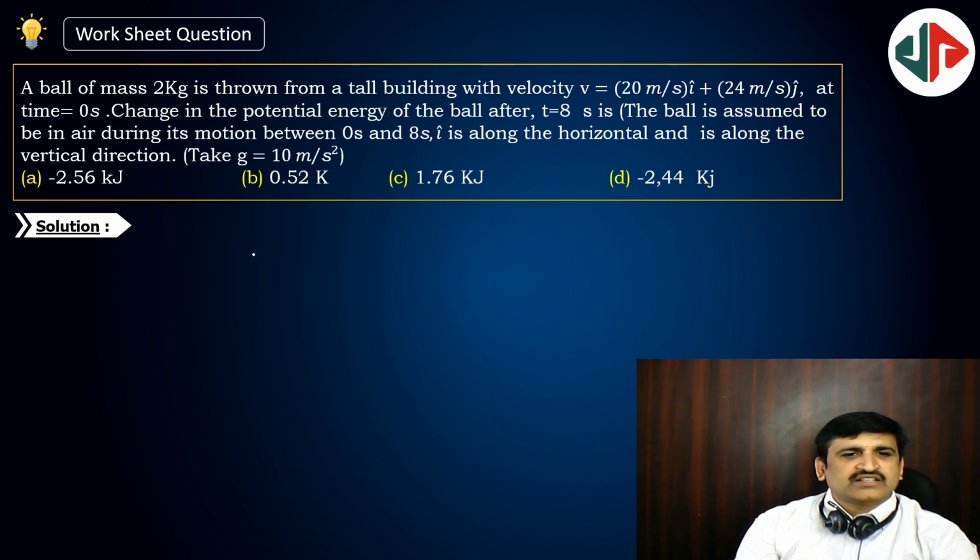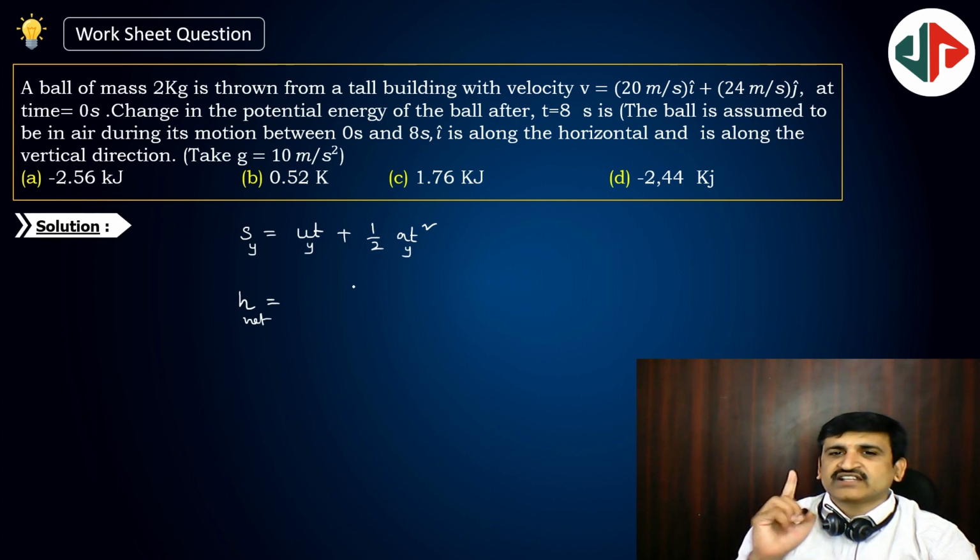So S is equal to ut plus half at square. In this, all y directional things will be considered. No need of x directional thing. So h, or net displacement, will automatically come with this. Initial velocity, whatever is in the upward direction I'll take positive, whatever is in the downward direction I'll take negative.